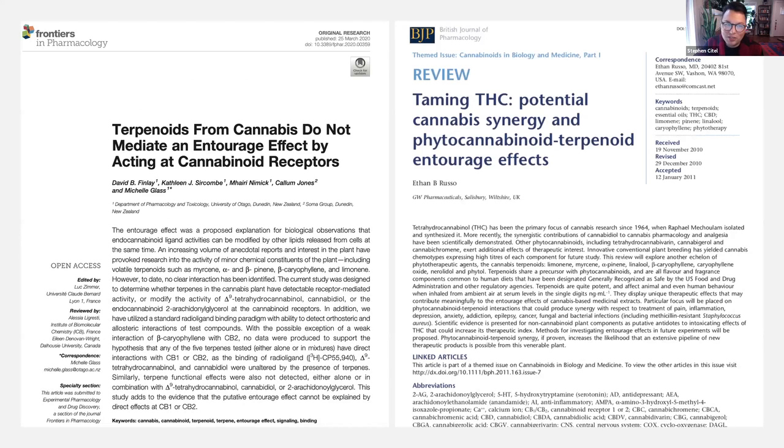Now, when it comes to the entourage effect and terpenes specifically, as we start to get into this discussion about terpenes, there's some conflicting information. So one of my heroes is Dr. Ethan Russo, and he put out this great paper, Taming THC, Potential Cannabis Synergy and Phytocannabinoid Terpenoid Entourage Effects.